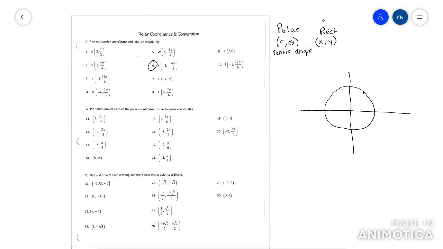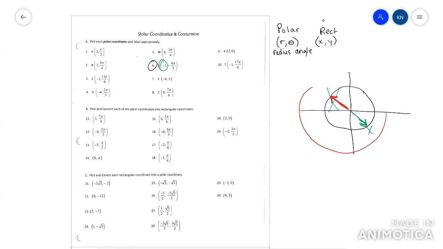So you do negative 4 pi over 3, which is here. Then you just pivot off of that since the radius is negative. It would pivot off of this and be somewhere here-ish. That's where X would be, not the red.